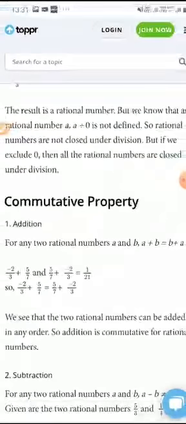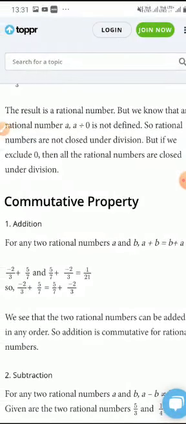So we can say that all the rational numbers are not closed under division. So the closure property does not hold true for division. The closure property is true for addition, subtraction, multiplication, but it is not true for division if q equals 0.